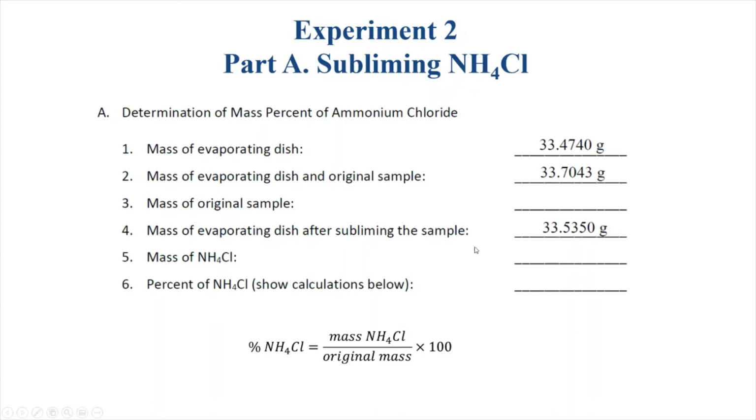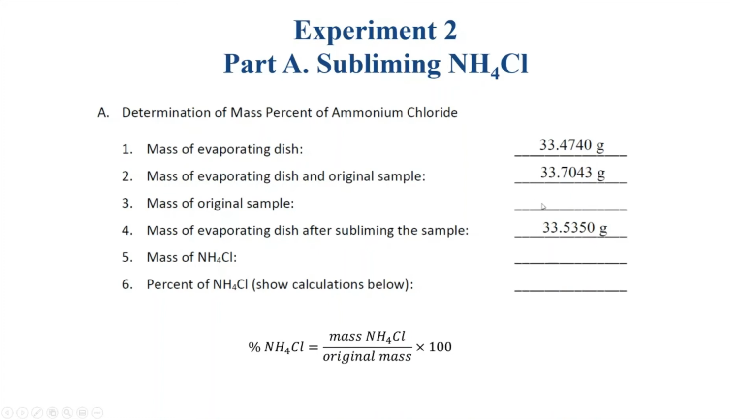So what you can do is take the mass of the 33.5350 and subtract the mass of the evaporating dish, and then the difference between that mass and the original mass should give you the mass of the NH4Cl. In essence, you're calculating the mass difference between the evaporating dish with the original sample and the evaporating dish after subliming the sample.